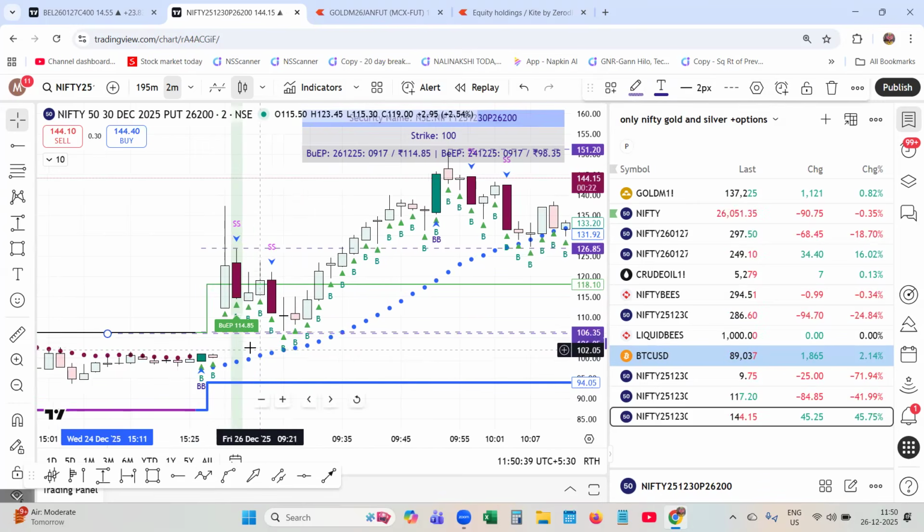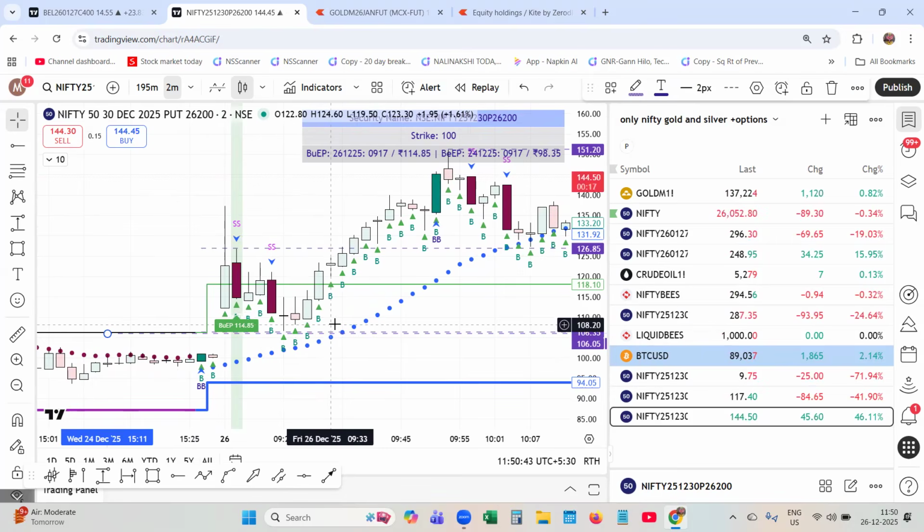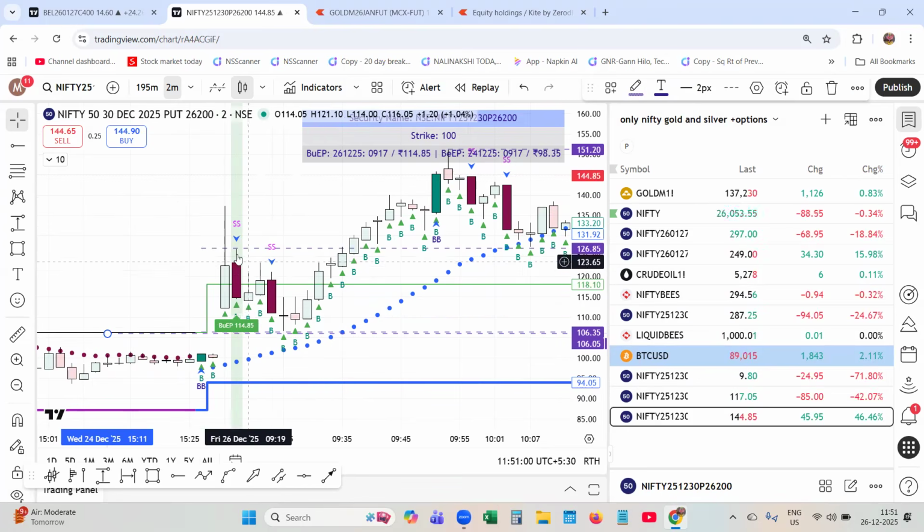So beautifully, with the rolling pivot in combination with the episodic pivot, by knowing the intention of the big players, you can trade. So the direction was negative. Probably some few people, when it started coming down, might have entered into buying the call option.